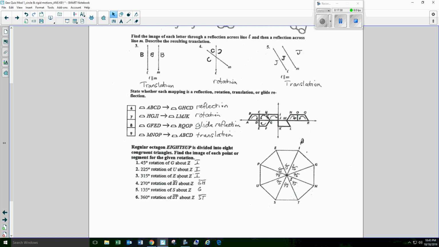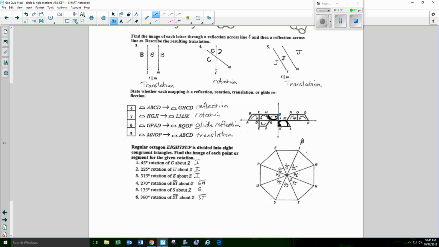HGJI. Oh, I didn't, this one must have been using, okay, HGJI. This is actually drawn wrong. This should be HGJI like this. So counterclockwise to LMJK. LMJK.